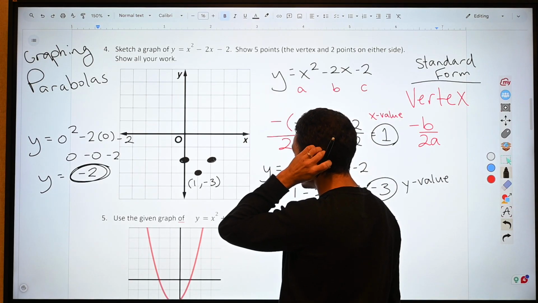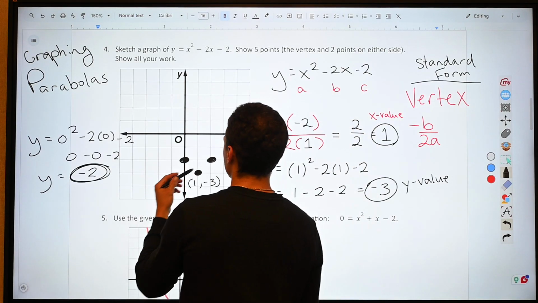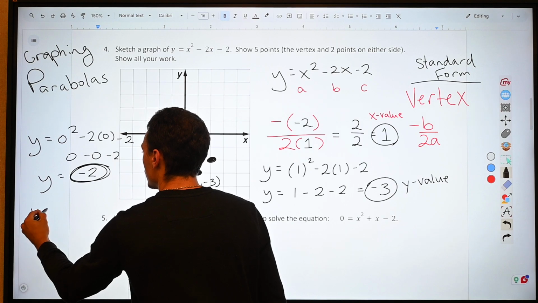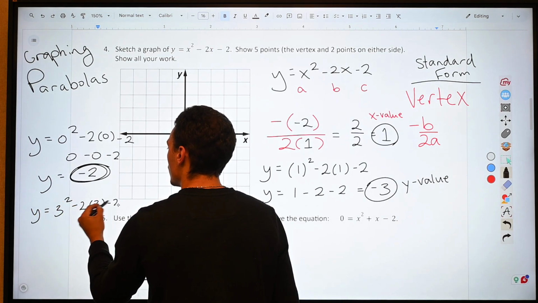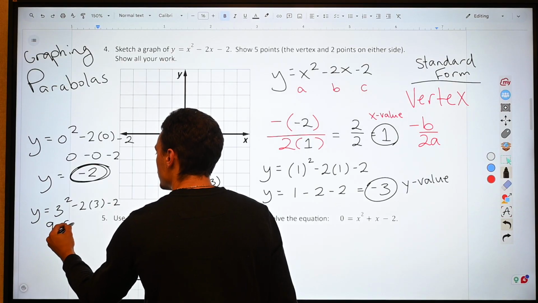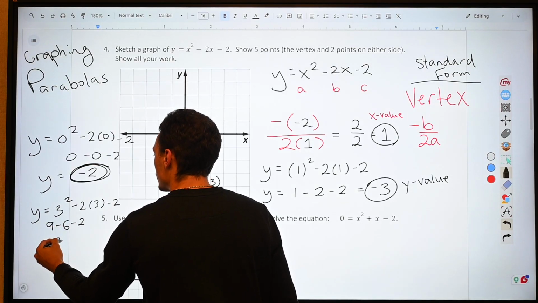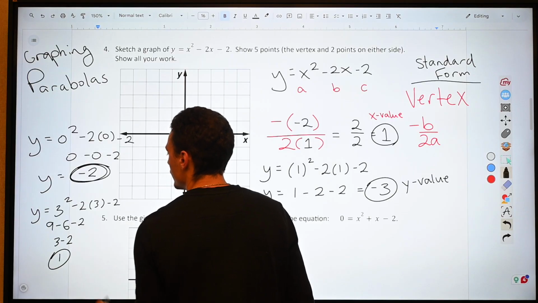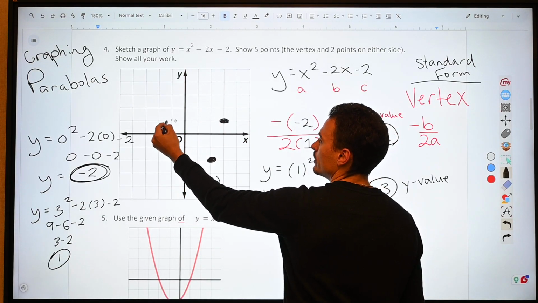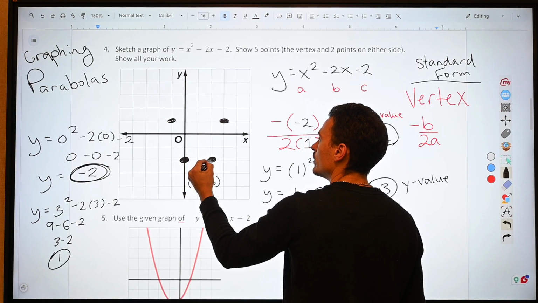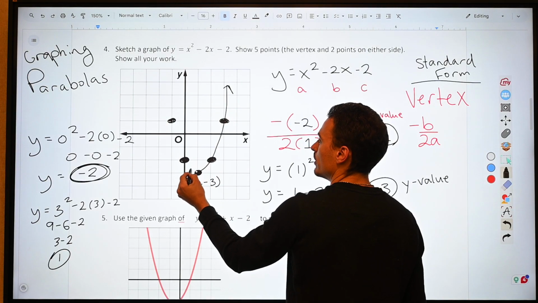Then if I plug a 3 in, I get 9 minus 6 minus 2, which is 3 minus 2, which is 1. So 3 comma 1 is also a point on my graph. And there's my parabola.